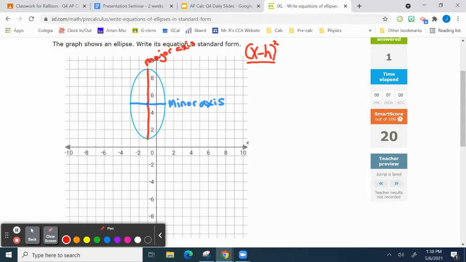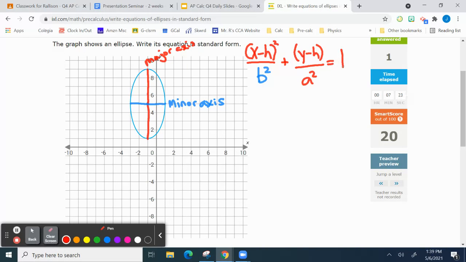So that means what? That means the b goes under the x. Plus, the h and k stay the same because those are the x and y components, right? Over a squared equals 1.